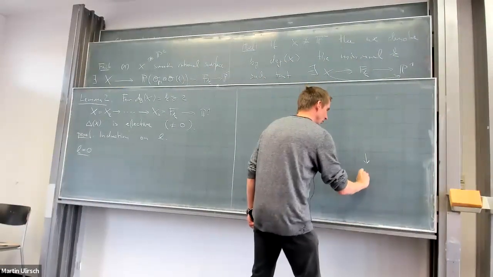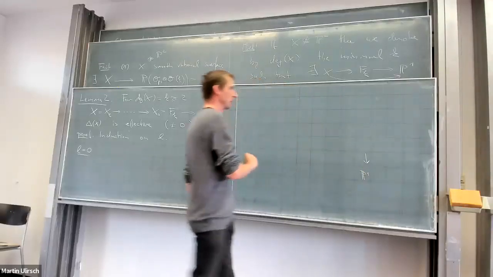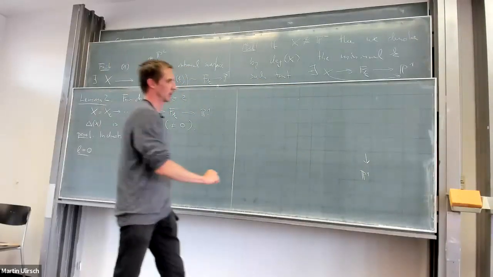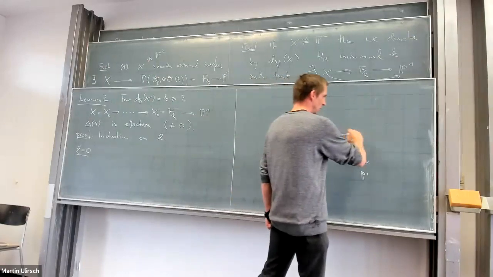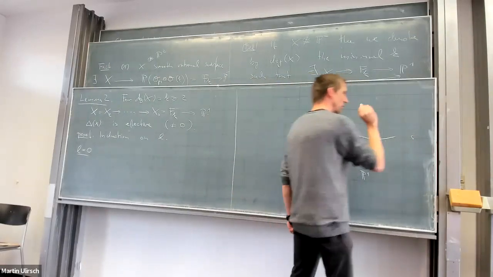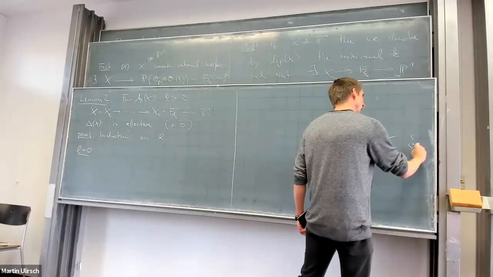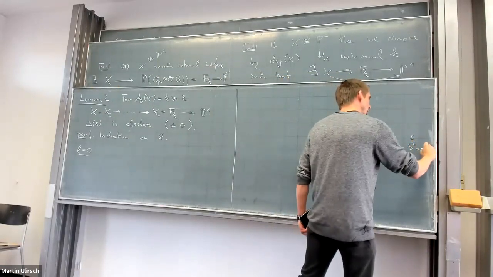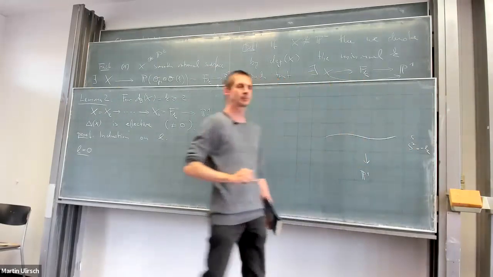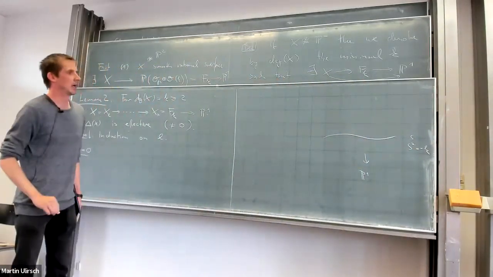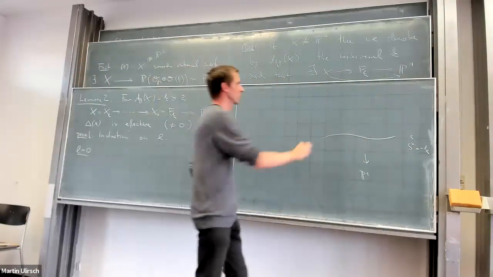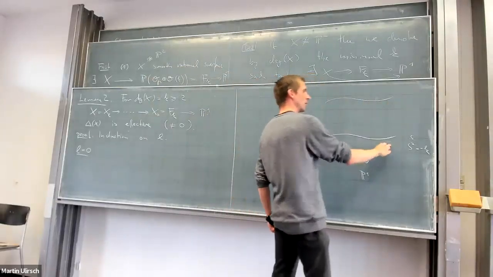It comes with the map down to P1. And the Hirzebruch surface comes with a distinguished section, a negative section, meaning S squared is equal to minus K. And there are many other sections, so this one is unique.